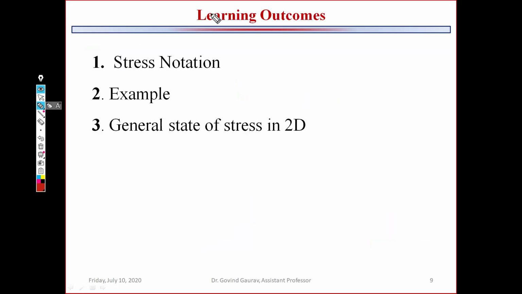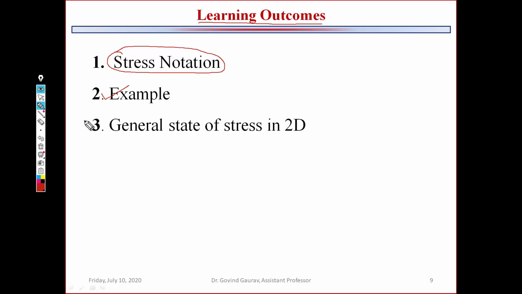So the learning outcome for this session is that we have covered the general stress notations in a three-dimensional state of stress. We understood the definitions of normal stresses and shearing stresses, and when we call these values positive and when negative. We did an example to demonstrate how the orientation of the axes defines the different states of stress.